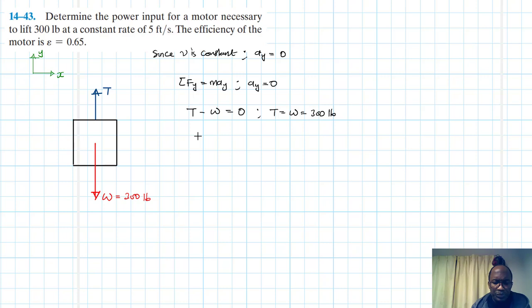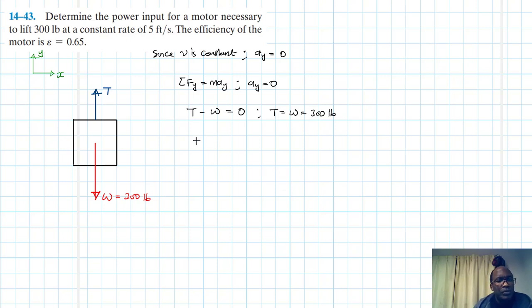All right, so we have our T. Now let's get back to the question. We have been asked to find the power input for the motor. For us to find the power input, we need to find the power output.